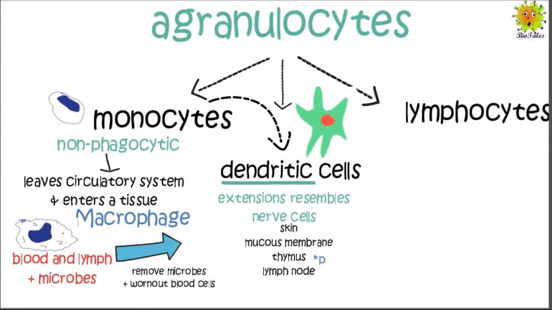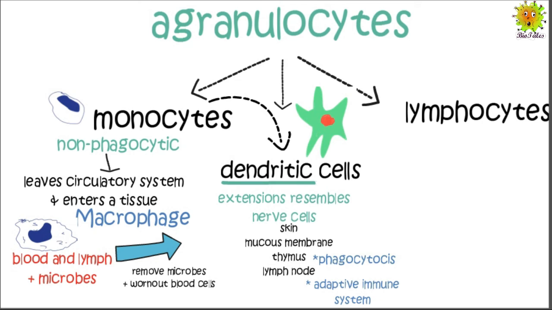Like macrophages, dendritic cells are also phagocytes. Through phagocytosis, they destroy foreign microbes and are also involved in initiation of the adaptive immune system. We will discuss that system in our later lectures.